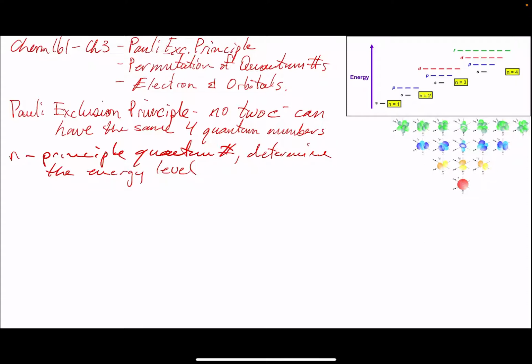Okay, so the options now for n, like we have from Bohr's model of the atom, n can be any integer starting at 1, not including 0, and increasing. Okay, in principle, that can go to infinity.